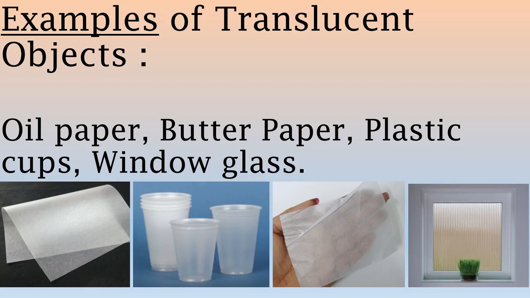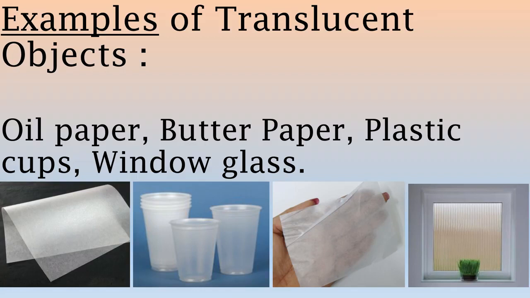Few examples of translucent objects are oil paper, butter paper, plastic cups, and window glass.